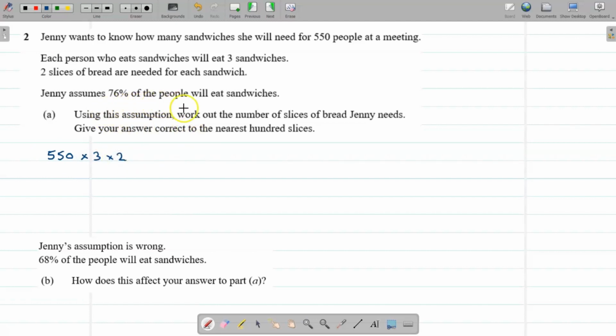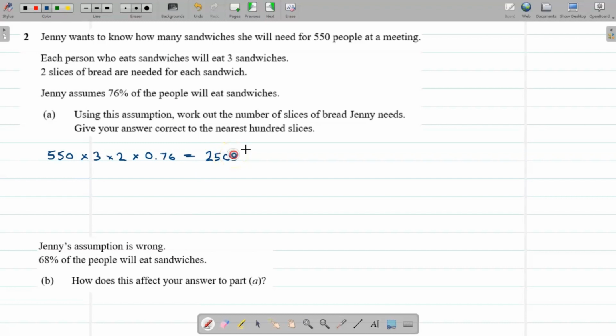And Jenny assumes that 76% of the people will eat sandwiches. So the amount of bread we need is 76% of that, which we get by working that out. Put that on the calculator and it comes to 2508.